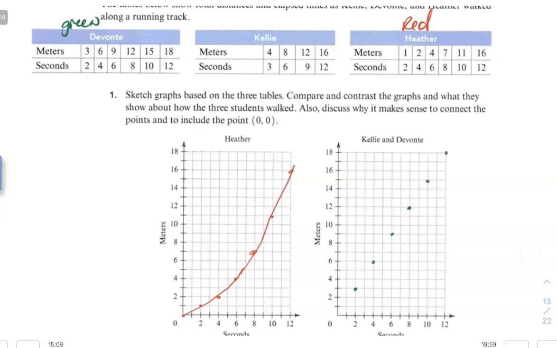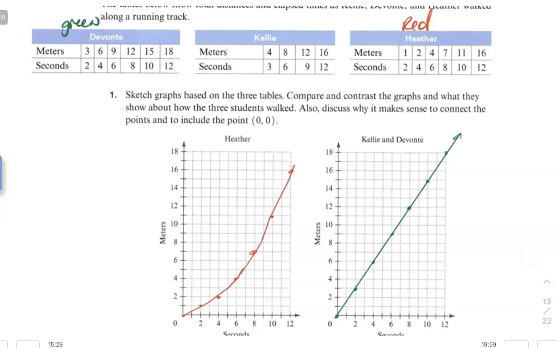Now, they're starting together, so they'll start at 0, 0. And for Devontae, you'll notice that the distance he is walking and the time it's taking him has this consistency, right? So for every 2 seconds, he goes 3 meters.